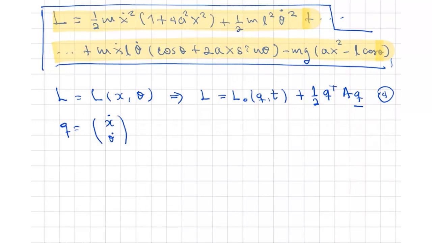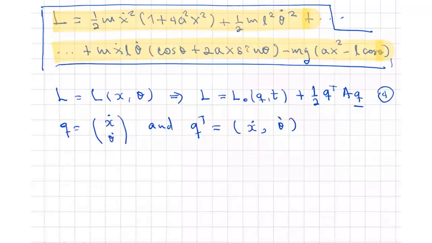All right, guys, so we are gonna write Q in terms of the generalized velocities in this case, and Qt is the transpose of Q. So it's the transpose and is, in this case, the row matrix x dot theta dot.